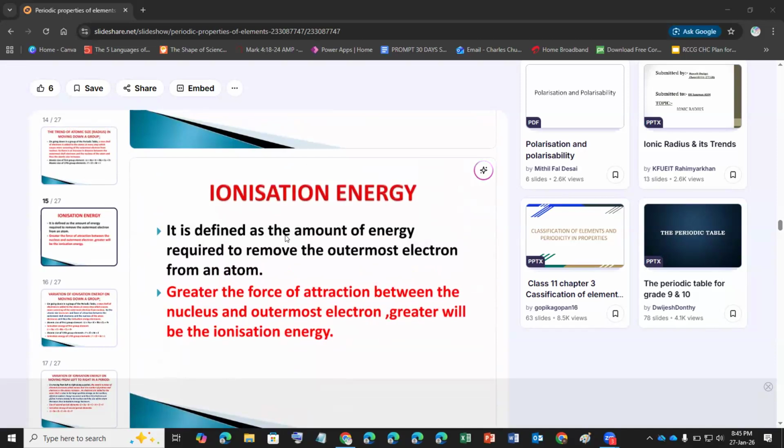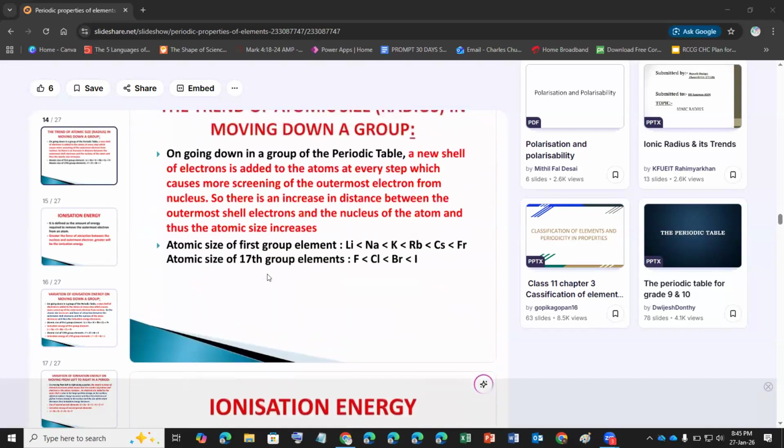Look at the definition: the amount of energy required to remove the outermost electron from an atom. So based on my explanation, which one do you think has a higher ionization energy? Is it sodium?